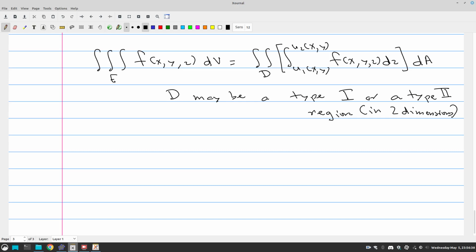Now, if D is a type 1 region, if that is indeed the case, then E can be written as follows.